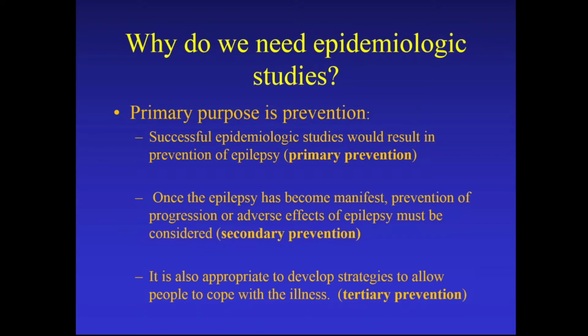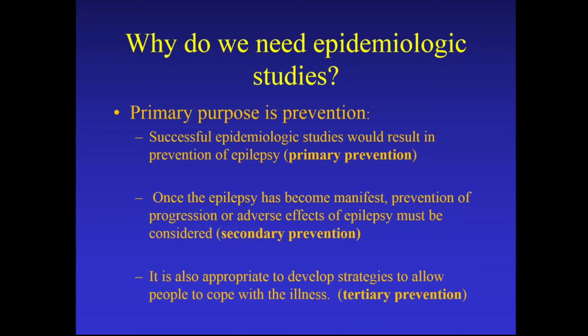Then there's a concept of tertiary prevention, which is attempts at providing interventions to allow people with the condition, such as epilepsy, to cope with their condition, and I suspect that would also include families, relatives, and so on, to cope with the condition of epilepsy.